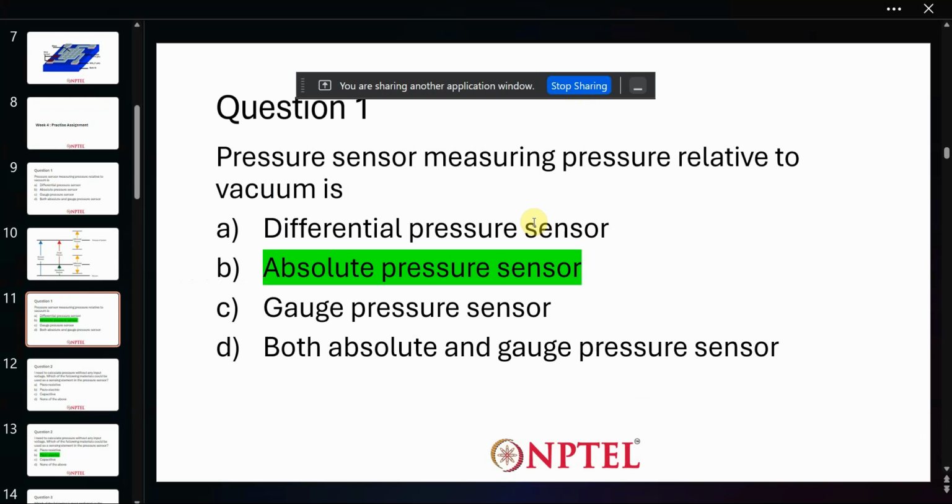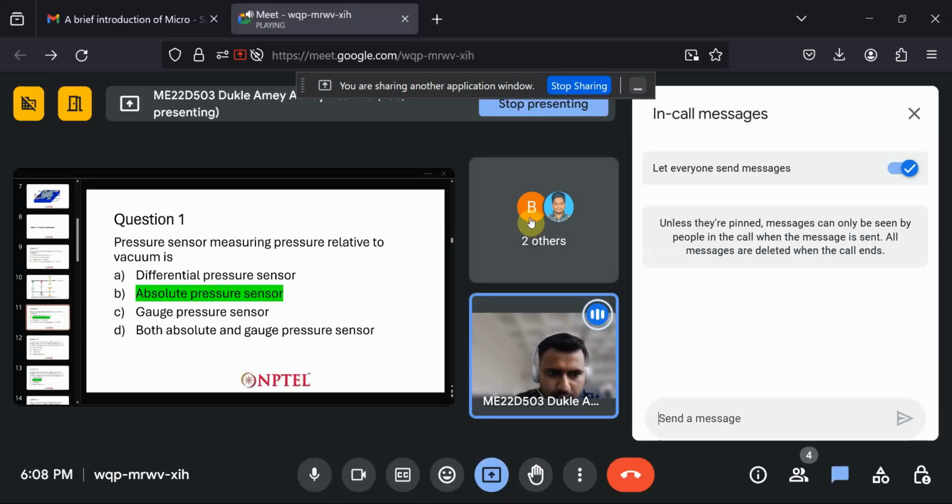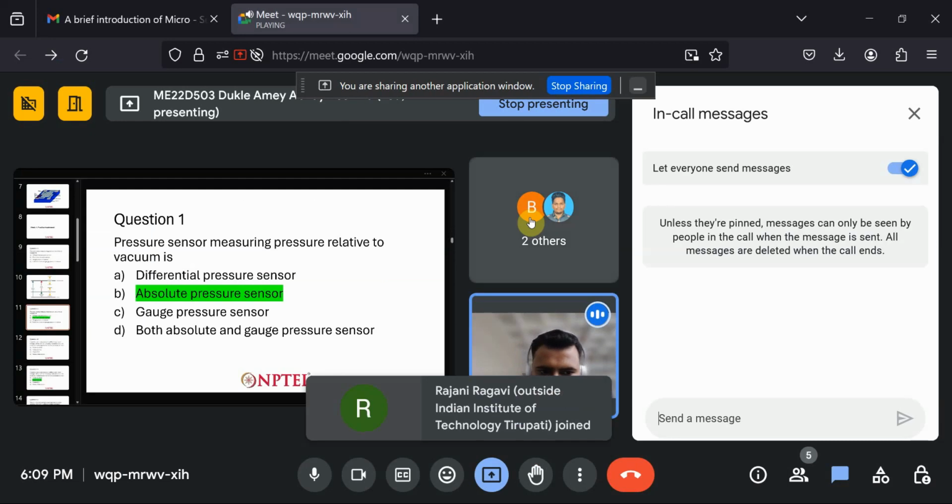The answer is A. It is absolute pressure. As I showed in the illustration as well, when you are measuring anything with respect to vacuum, it is called the absolute pressure. So I hope you have understood this.